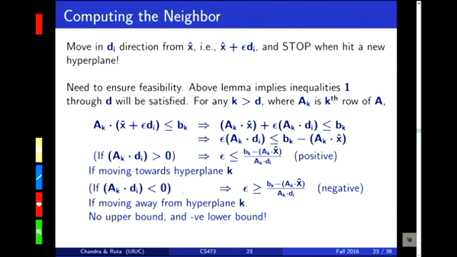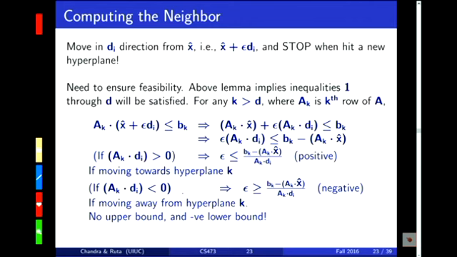So essentially this is saying that if you are moving towards some hyperplane, then you get an upper bound on epsilon. If you are moving away from the hyperplane, then there is no upper bound needed, right? Because you are going inside the feasible region from that hyperplane, for that half space. So you don't need any bound on epsilon for that particular hyperplane to make sure that it remains feasible.